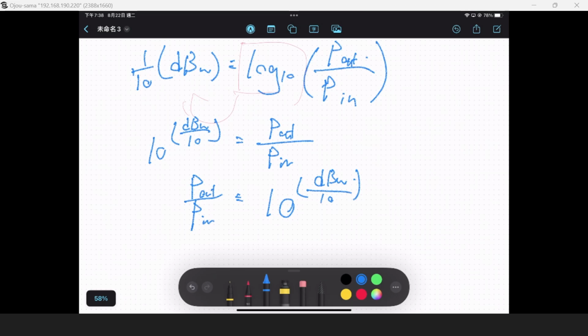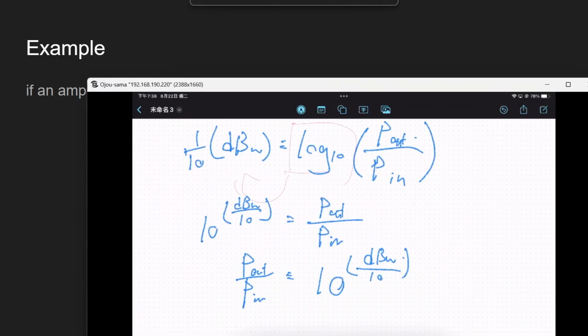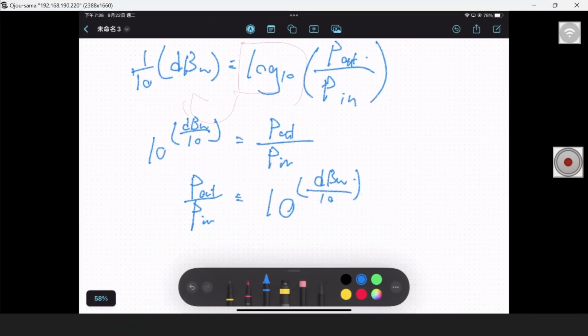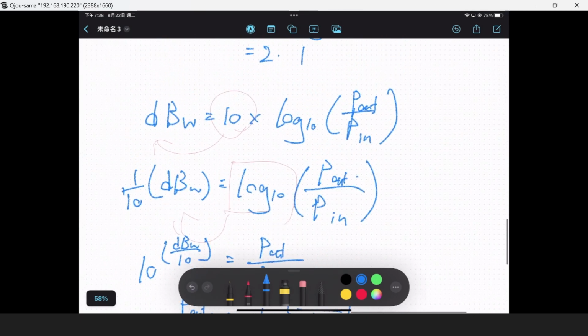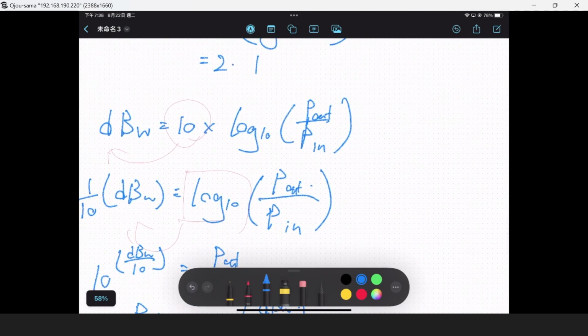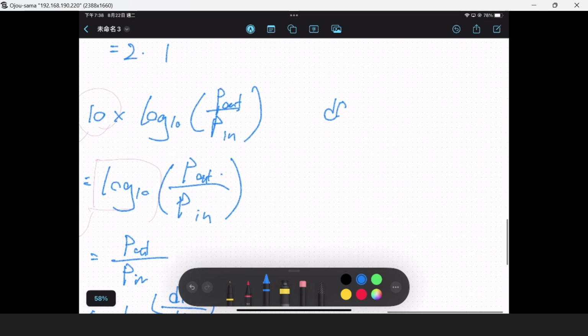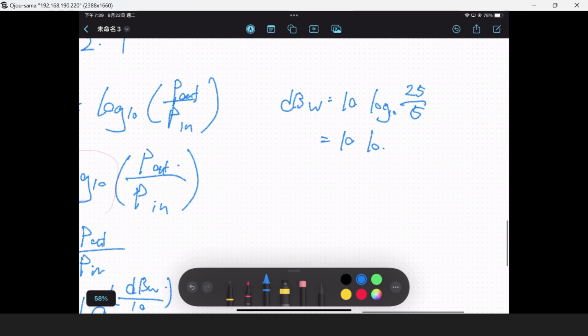Really magic. So if they ask you about how an amplifier turns from 5 watt to 25 watt, what is the dB gain? The ratio becomes 25 over 5, right? The dB becomes 10 times log of 25 over 5. So at this time, you can grab a calculator and do the math. 10 log 10 of 5, right?